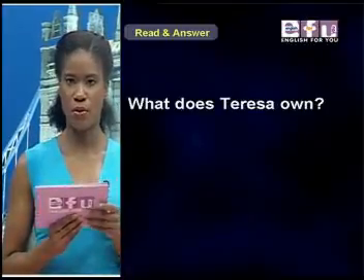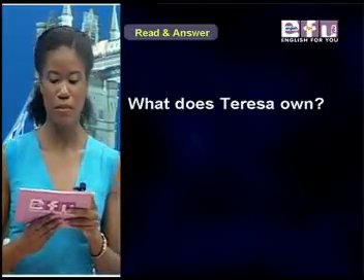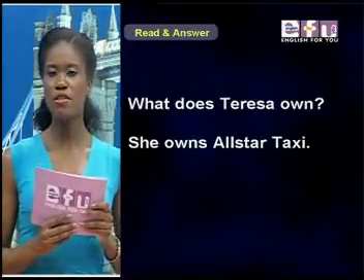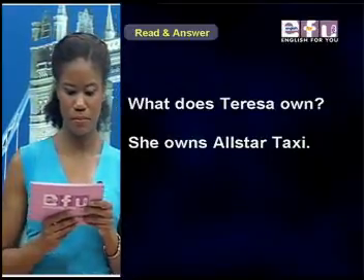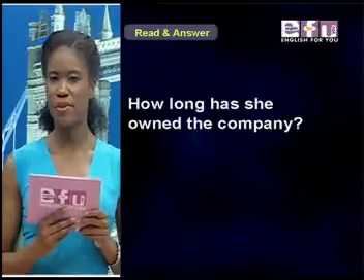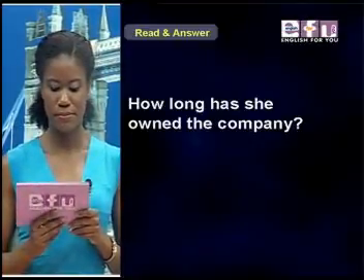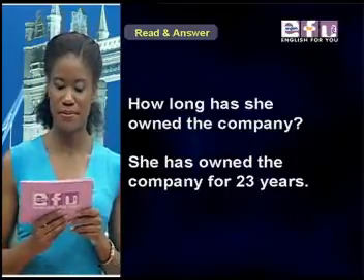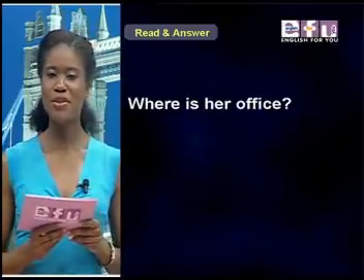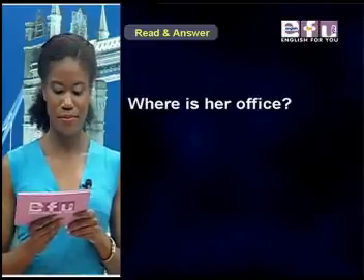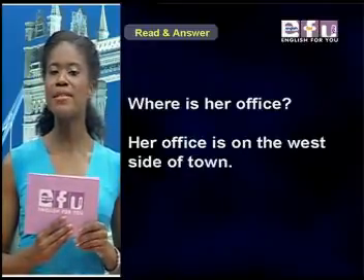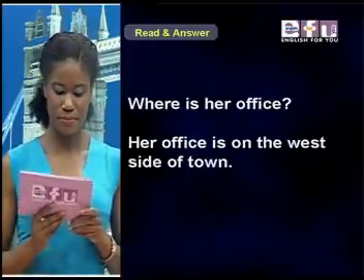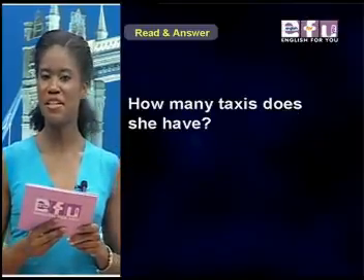What does Teresa own? She owns All-Star Taxi. How long has she owned the company? She has owned the company for 23 years. Where is her office? Her office is on the west side of town. How many taxis does she have?